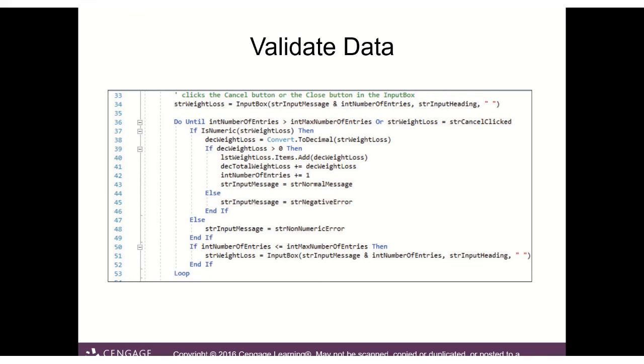Okay, so then you start with a criteria of whether it is numeric or not. If it is not numeric, it will immediately throw the non-numeric error here, and then it goes through the criteria that weight loss is greater than 0. Then you do certain things, keep on adding to the accumulator and increase the counter. So DEC total weight loss is the accumulator in our case, and int number of entries is the counter.